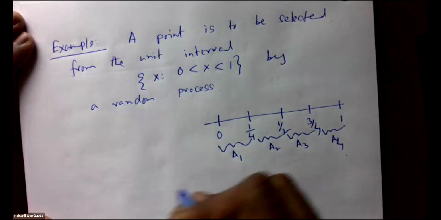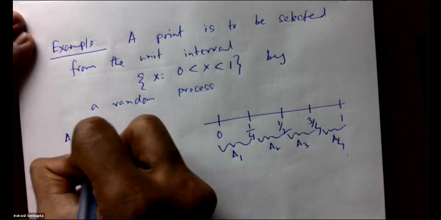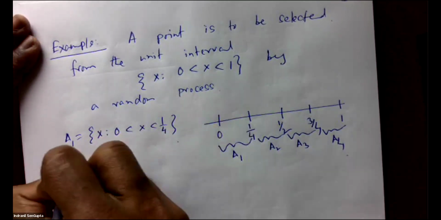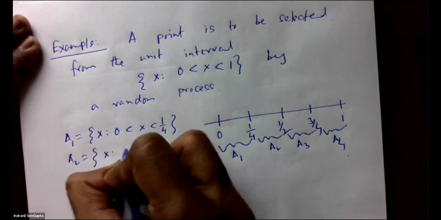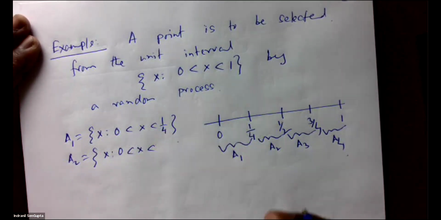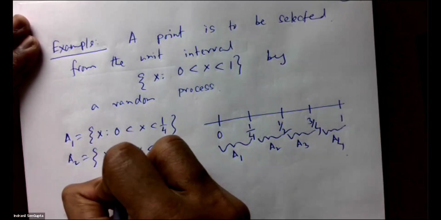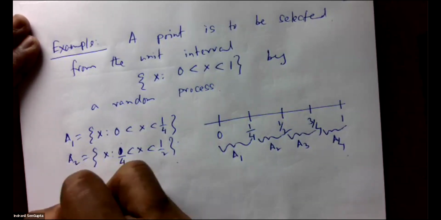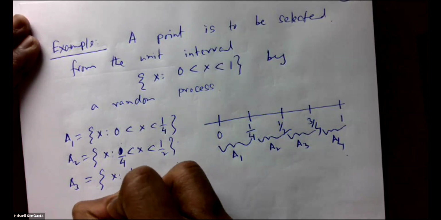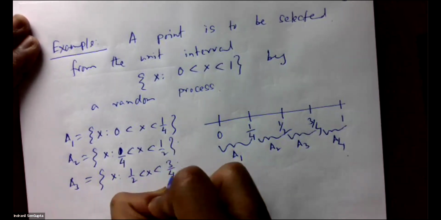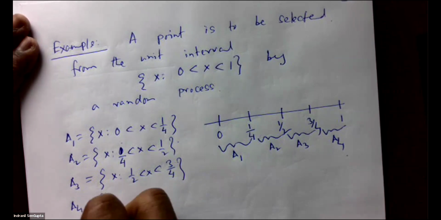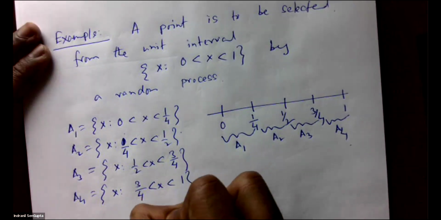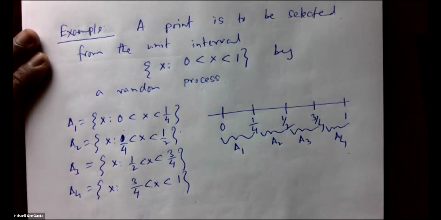So in other words, A1 is x such that 0 < x < 1/4. A2 is x such that 1/4 < x < 1/2. A3 is 1/2 < x < 3/4, and A4 is 3/4 < x < 1. That's how we are choosing the points.